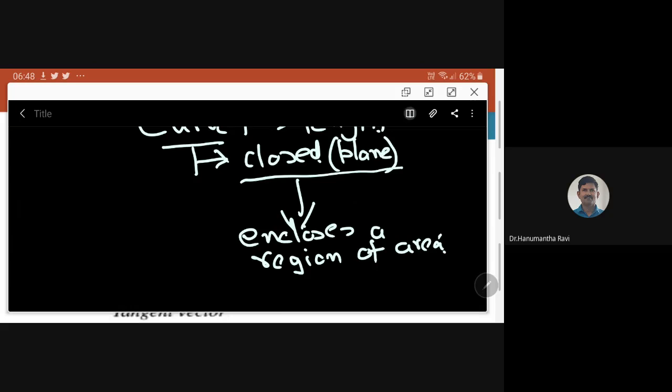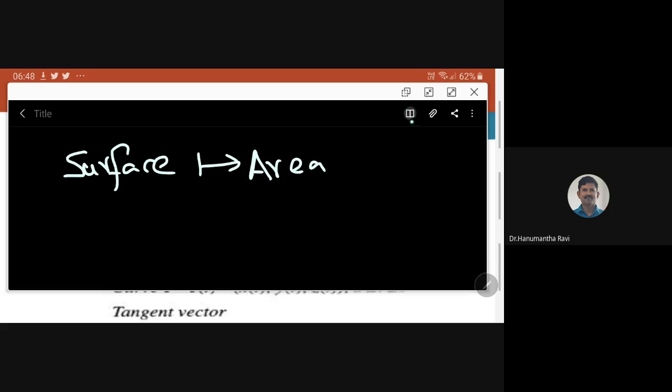Now when it comes to surfaces, a similar idea will be there. If I say surface, then usually I'm talking about a finite surface.